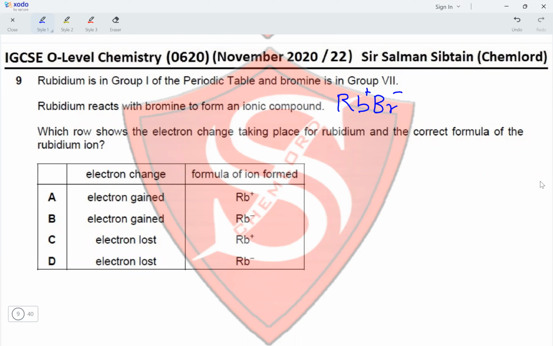Which row shows the electron change taking place for rubidium and the correct formula of the rubidium ion? So the correct formula of the rubidium ion would be Rb positive. So this would eliminate options B and D. And electrons are lost in order to form a positively charged ion. So electrons gained would be incorrect. Electrons lost would be correct, making option C the correct option for this question.